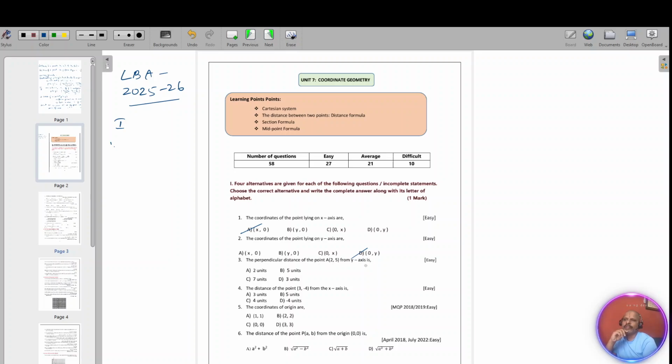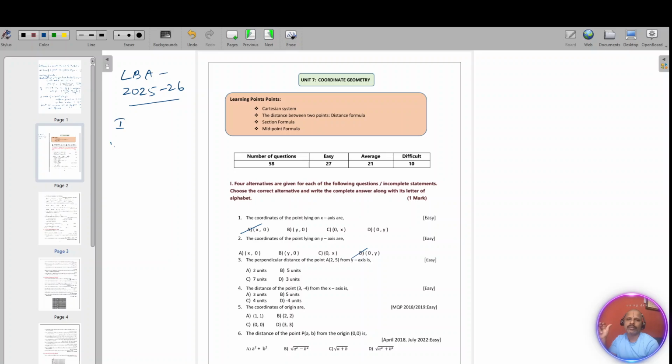Perpendicular distance of the point from the y-axis. This also you have to remember. If a point is given, they may ask the distance of the point from the x-axis or y-axis. How to remember: distance of a point from the y-axis means you have to say the x coordinate value, so interchange the values. I'm repeating, distance of a point from the y-axis means you have to say the x coordinate value in the point.